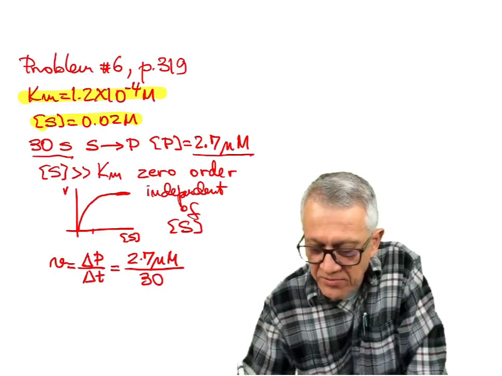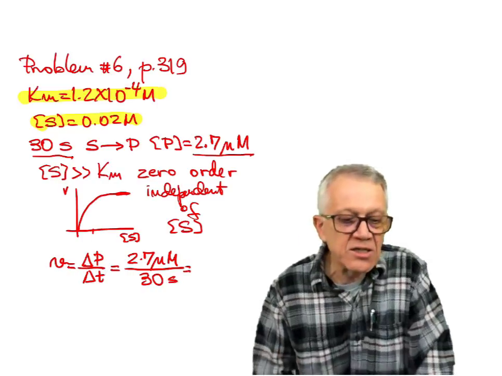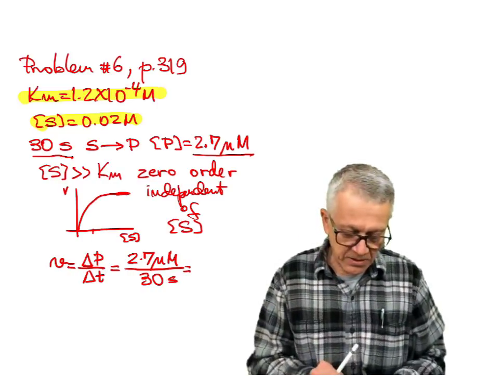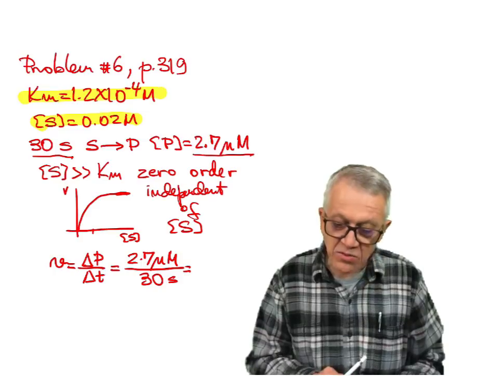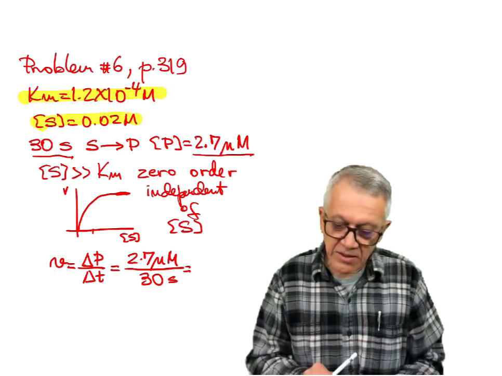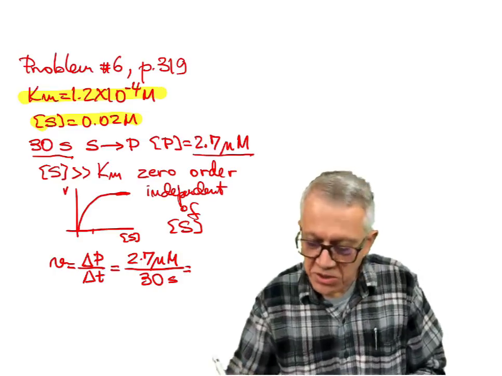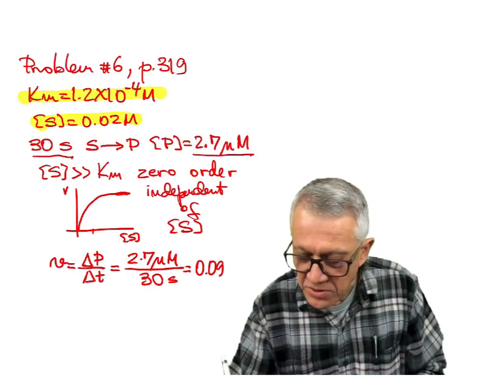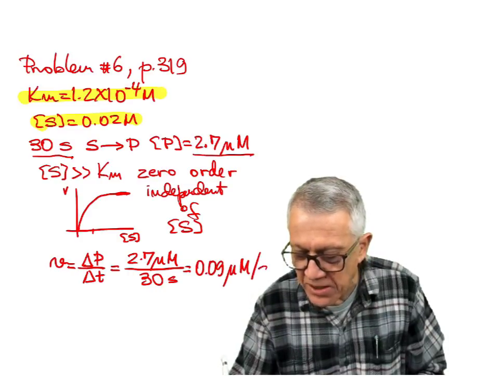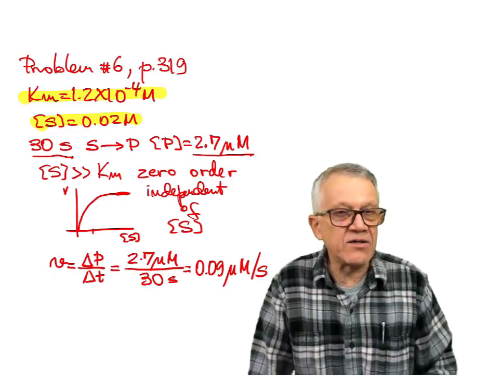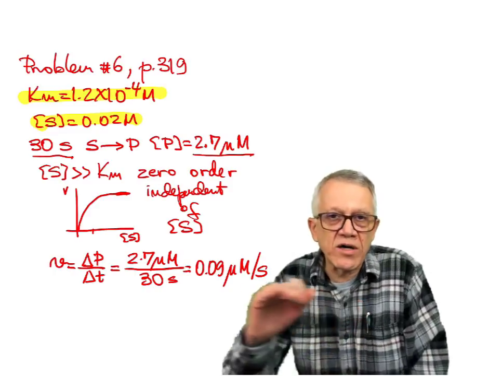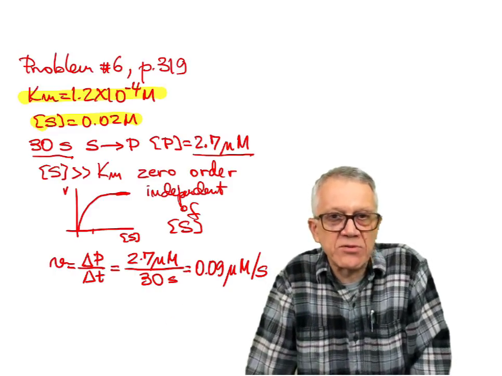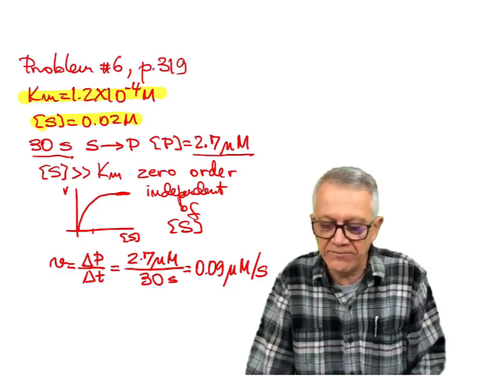So divided by 30 seconds, that gives us the velocity of this reaction. It's going to be 0.09 micromolar per second. That's the velocity of the reaction, because zero order is independent of the concentration of the substrate. It's already plateaued there, right?